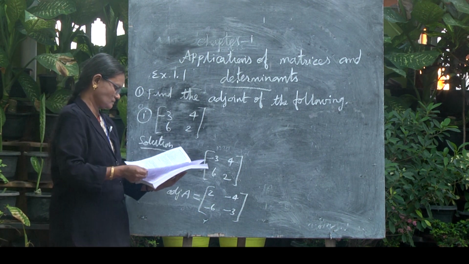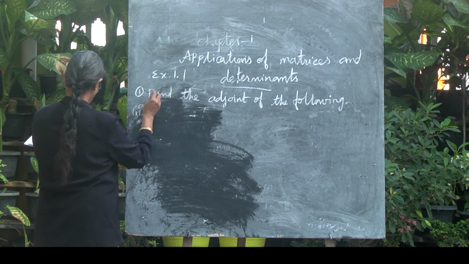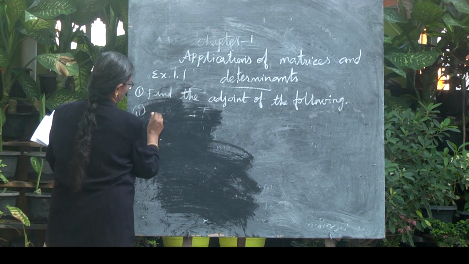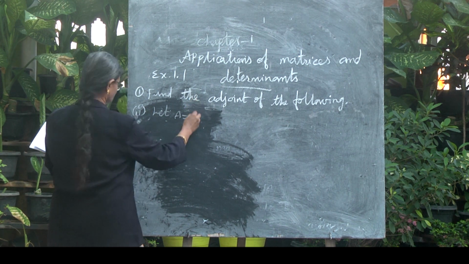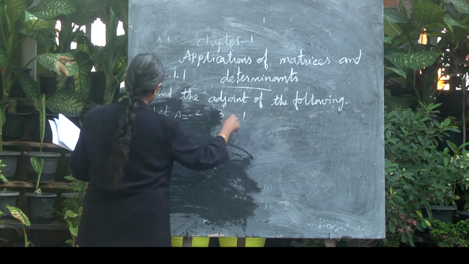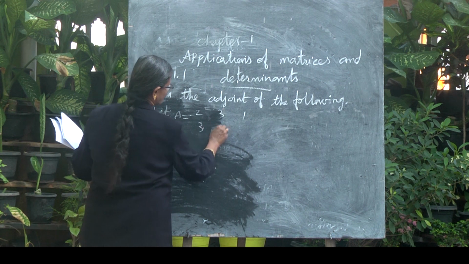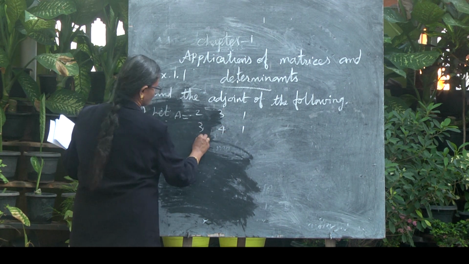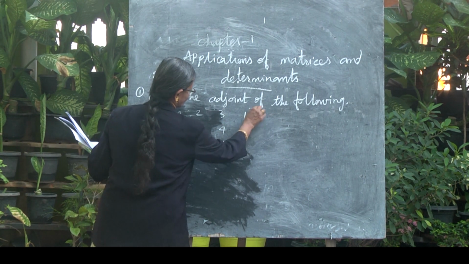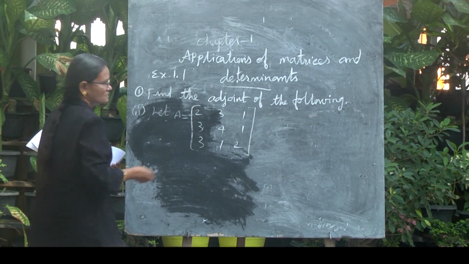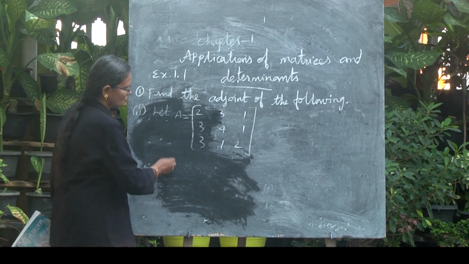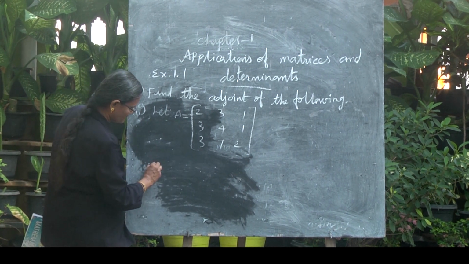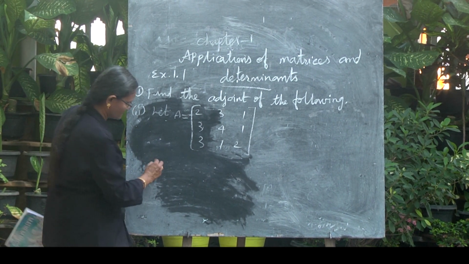Subdivision 2. Let A is equal to 2, 3, 1, 3, 4, 1, 3, 7, 2. Let us take the given matrix as A. Now, before finding the adjoint of A, we can find out the cofactor matrix.